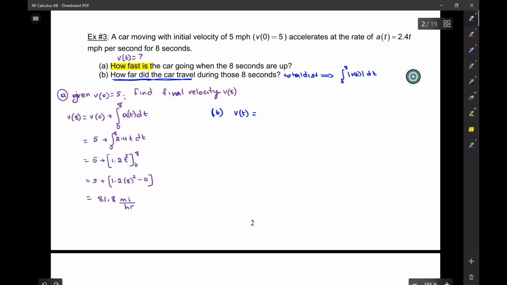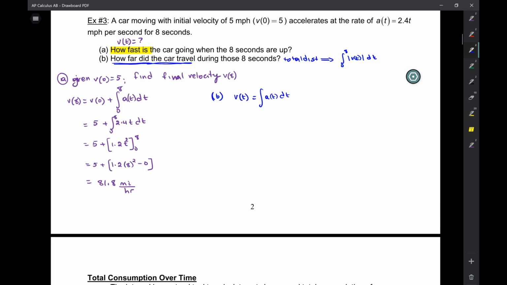So let's do that. V of t is equal to the integral of a of t dt. Now, I need the full expression, not just a numerical value from 0 to 8. So I don't want the definite integral. I want the actual expression for the velocity, because then I need to integrate that velocity.